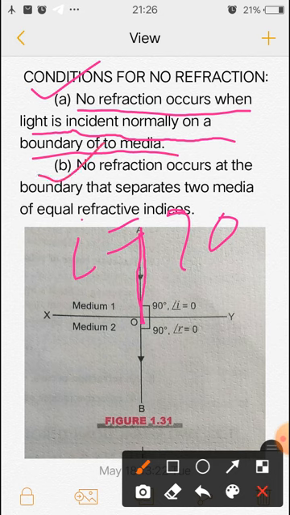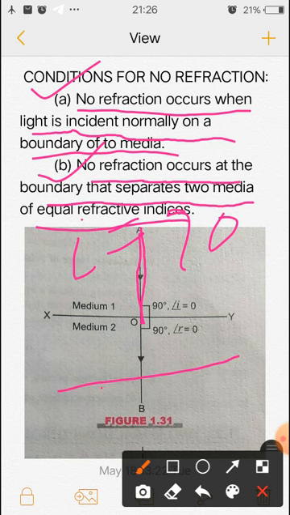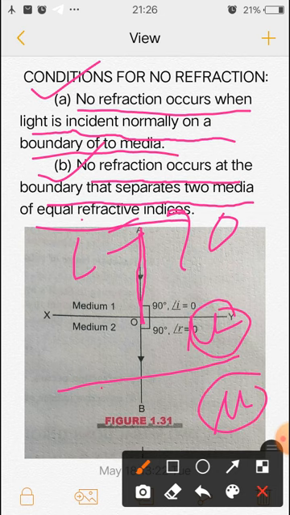The second condition is that no refraction occurs at the boundary that separates two media of equal refractive index. If the refractive index of medium 1 and medium 2 is the same, then no refraction occurs at all.